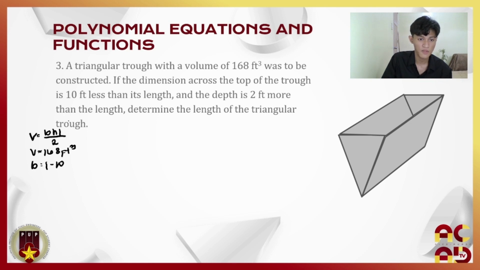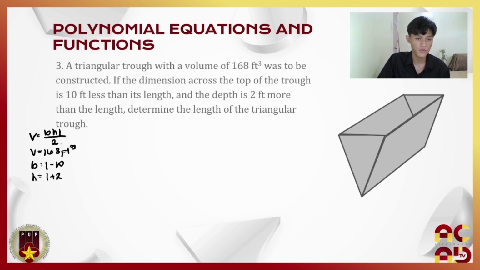And then yung 10 feet less than its length, ang mathematical term niyan ay L minus 10. And then depth, which could be treated as our height. So H is equals to 2 feet more than the length. So that is L plus 2. Ayan. And then pwede na tayo mag-solve.